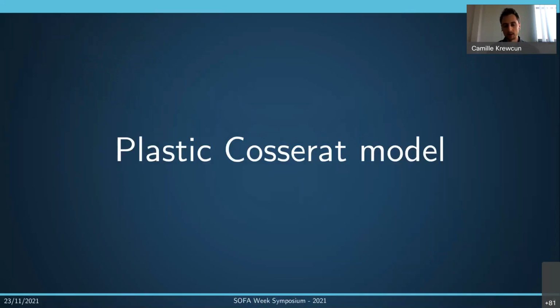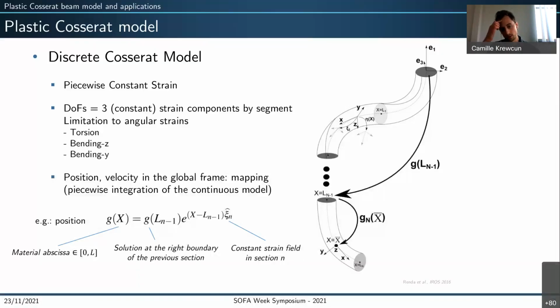First, this work is based on the discrete Cosserat model, which you might already be familiar with, which we use in SOFA to represent beam elements. It's similar to the Timoshenko beam model, but there are some specific differences between the two.